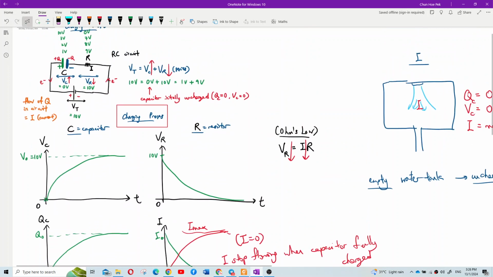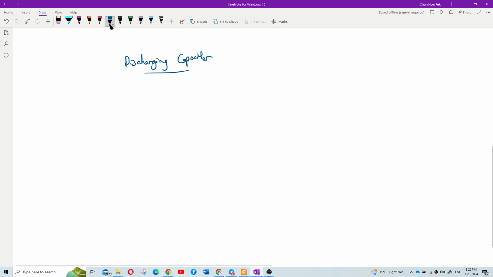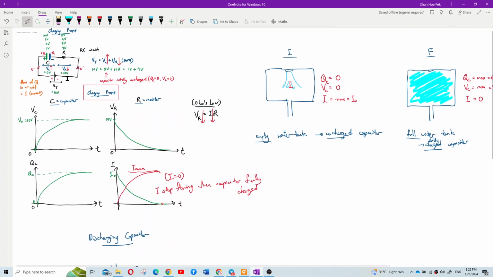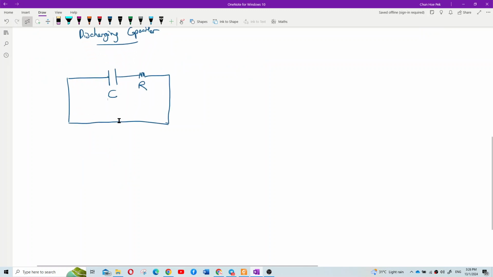Kalau tidak ada resistor, dia short circuit. Okay. So begini. So discharging, dia buang bateri itu. Tinggal resistor je. Tak ada bateri sudah. Okay? Resistor tu, bateri tu sudah buang.